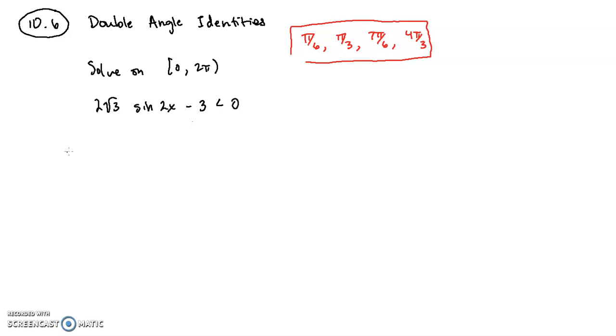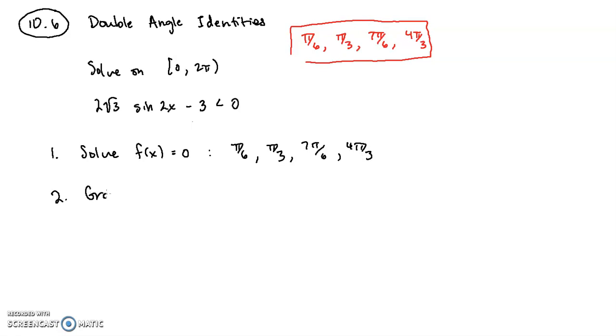All right, so if you remember from last section, the first step is to solve f of x equals 0. We already did that in the last step. So we get pi over 6, pi over 3, 7 pi over 6, 4 pi over 3. Okay, so we got those answers.